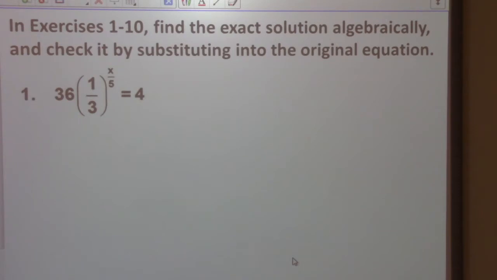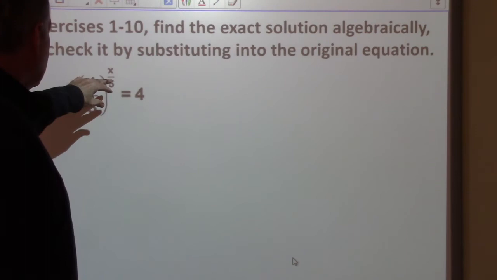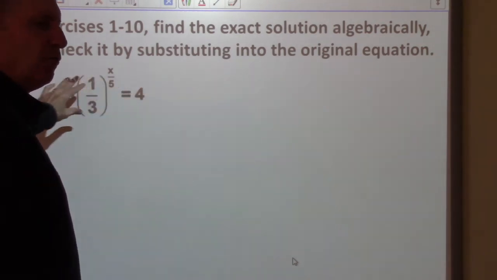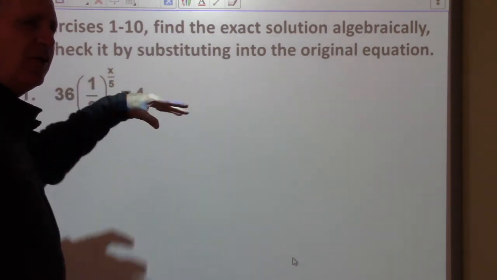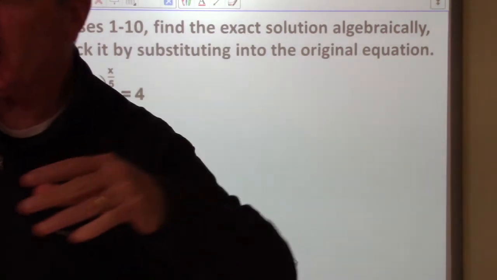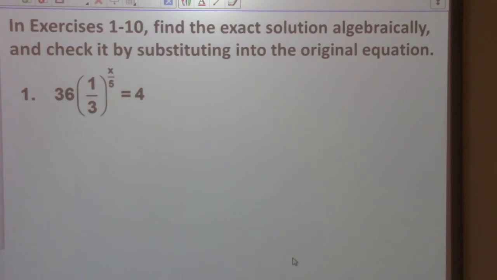Okay, well, one thing we could do is change this into a logarithmic equation. But there's probably, for a lot of these, an easier way to do it, and I'm going to try the easier way first and show you how it works out for a lot of these.